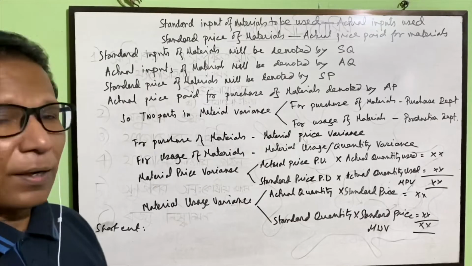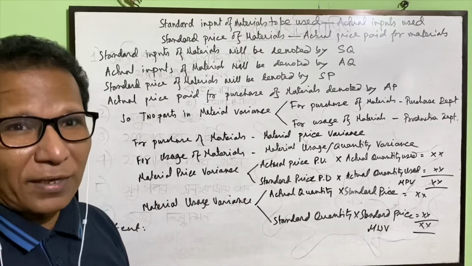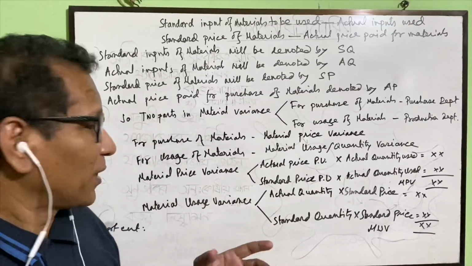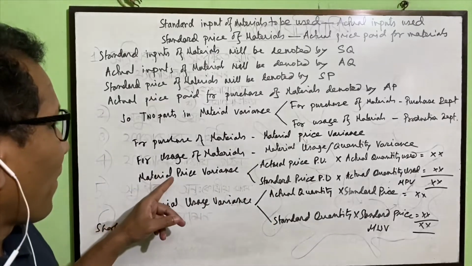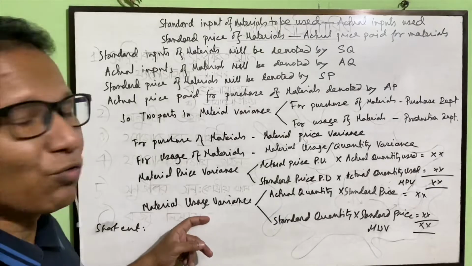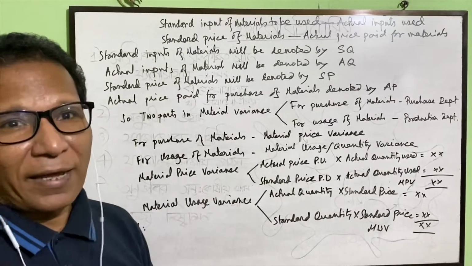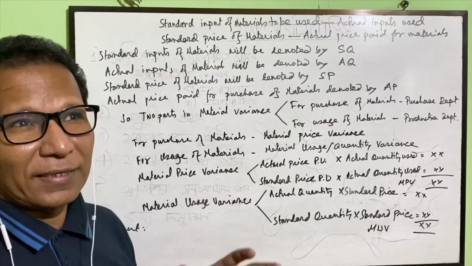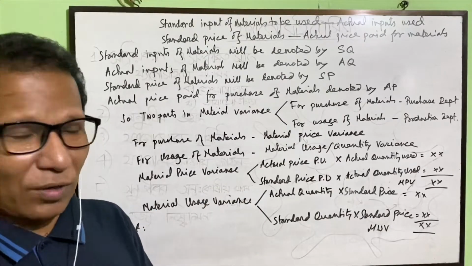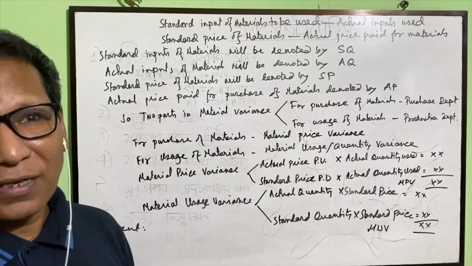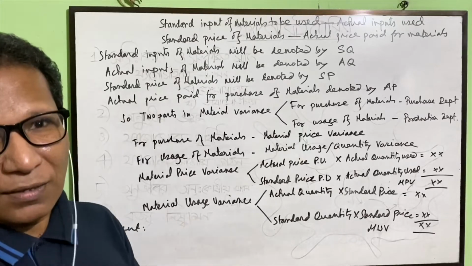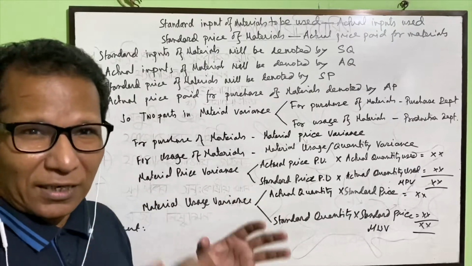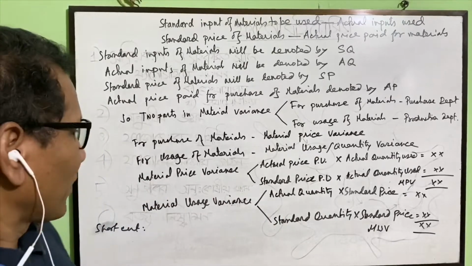So, material cost variance, that is the total variance of material, is a combination of material price variance and material usage variance. Price variance arises from the difference between standard and actual price, and usage variance is the variance between actual use and standard use of raw material.